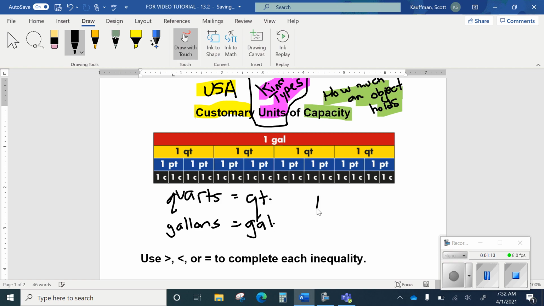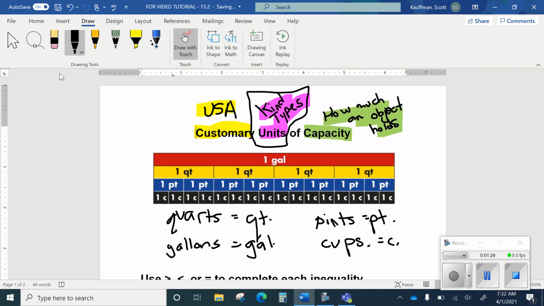You're going to see the word pints, and the abbreviation for pints is PT. And finally, you're going to see cups, and the abbreviation for cups is C. So these are the different types of measure for capacity, okay?